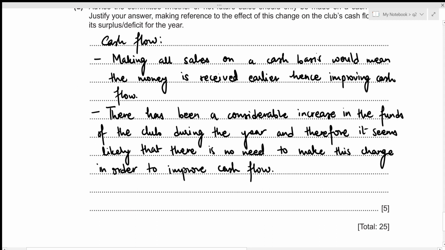Alright, now we also need to refer to the effect of this change on our surplus and deficit. So since we're only providing cash sales and not credit sales, then that might make members to put off making purchases, which results in the fall of sales of the club. Let's write it down.